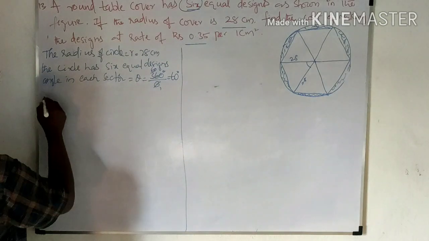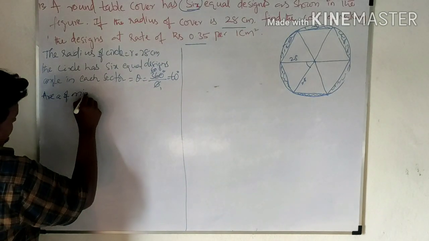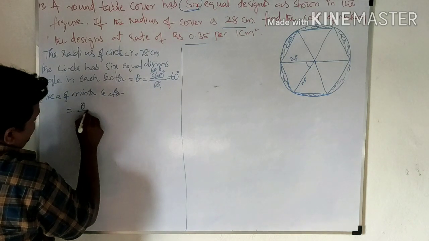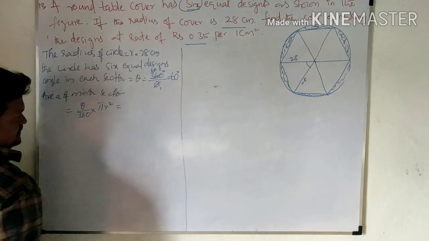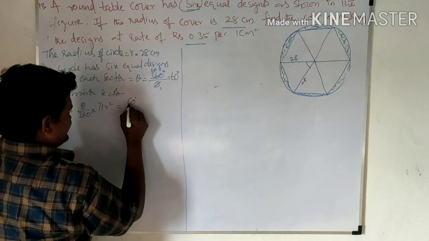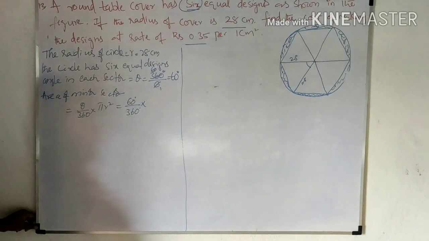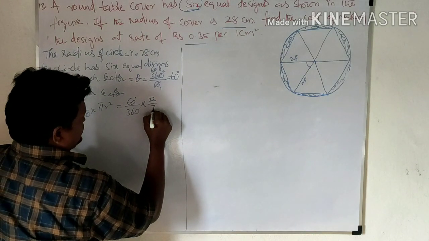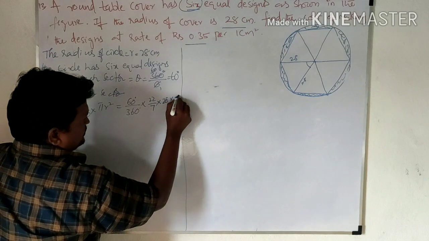Now it is easy to find the area of this minor sector. Area of minor sector is equal to theta by 360 into pi r square. That is 60 degrees by 360 into 22 by 7 into 28 into 28.